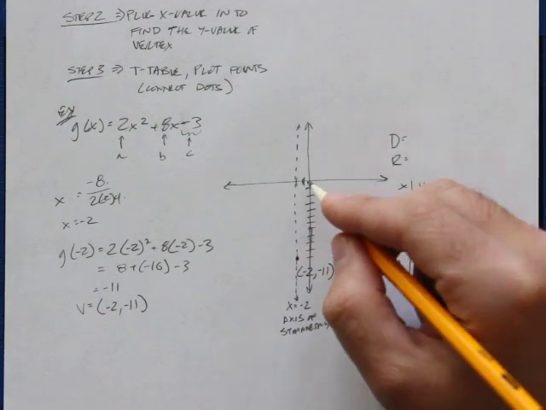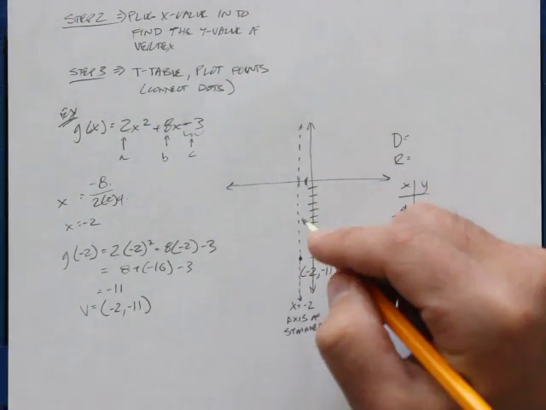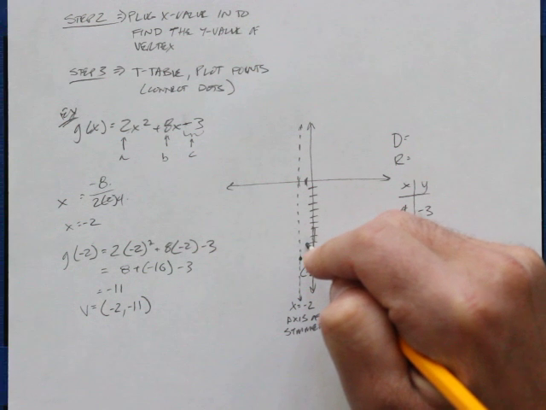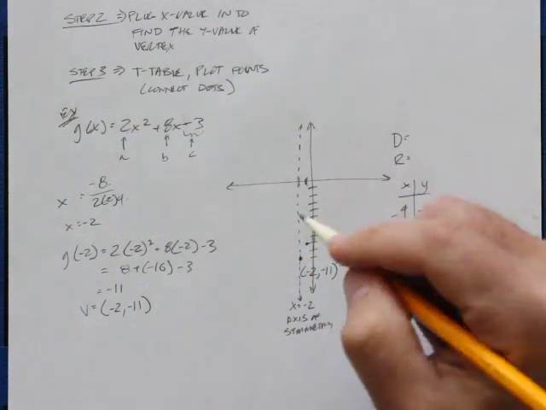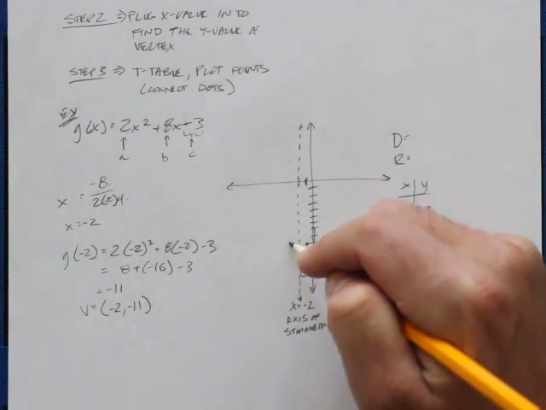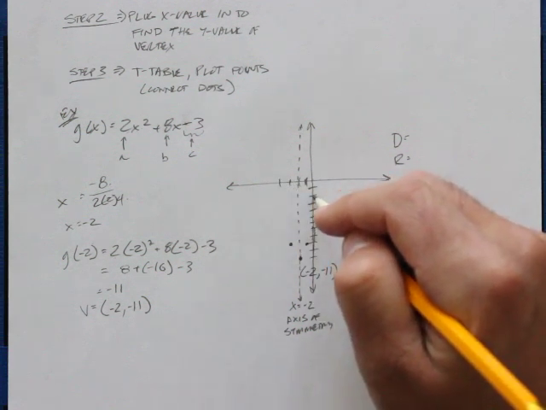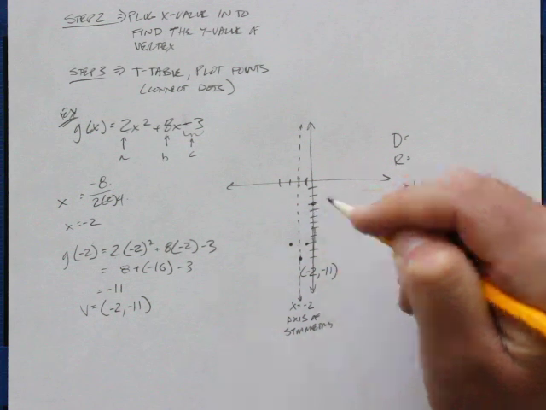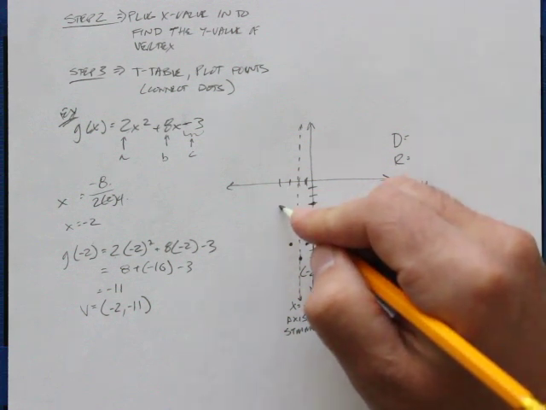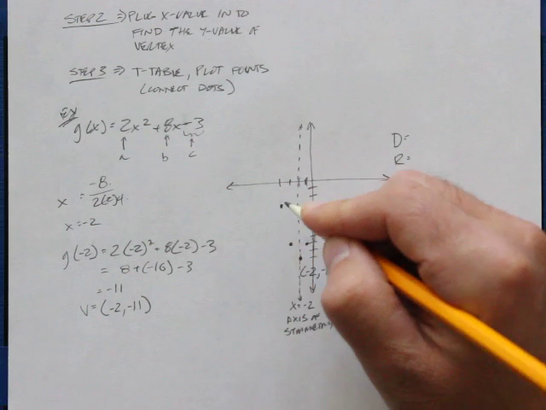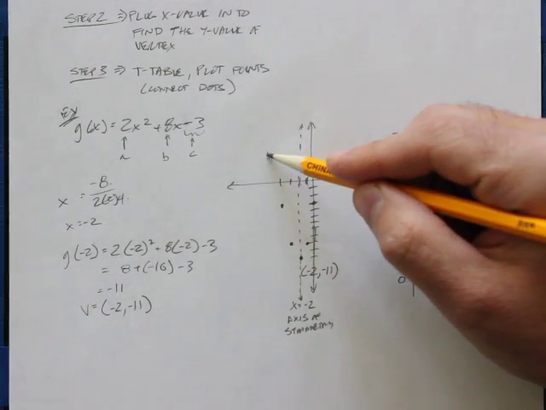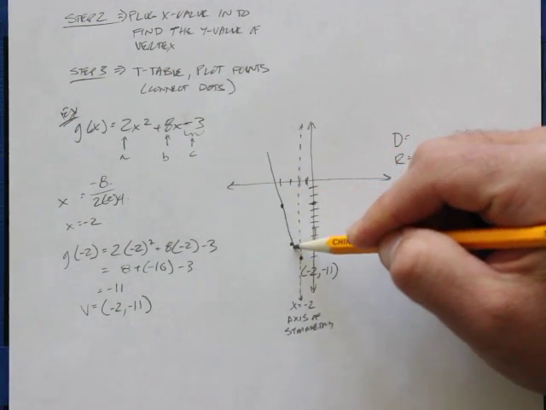Negative 1, negative 9 here, negative 9 is here. And negative 3, negative 9, that's right there. And then 0, negative 3, and 4, negative 3. And then I've got my parabola, looks like this.